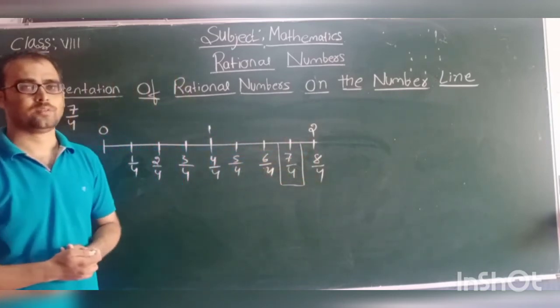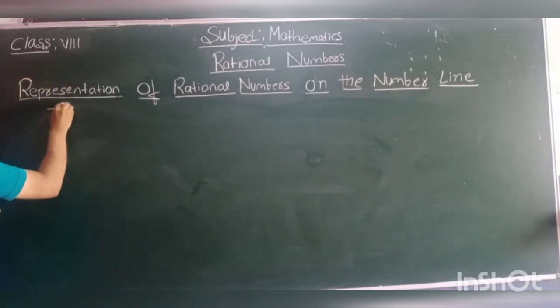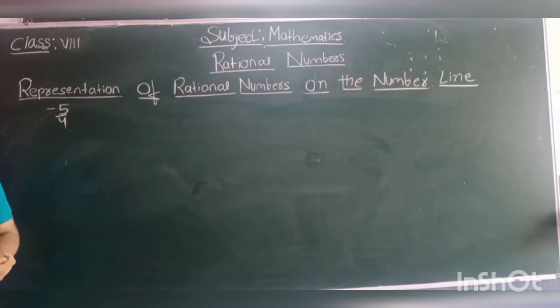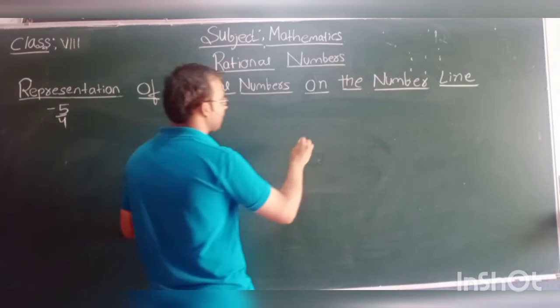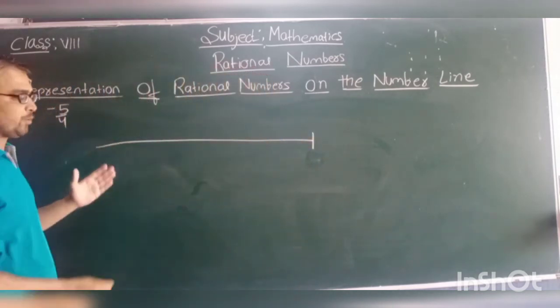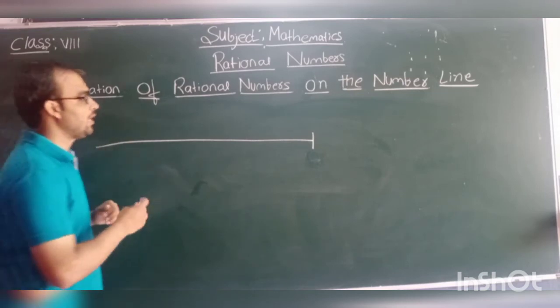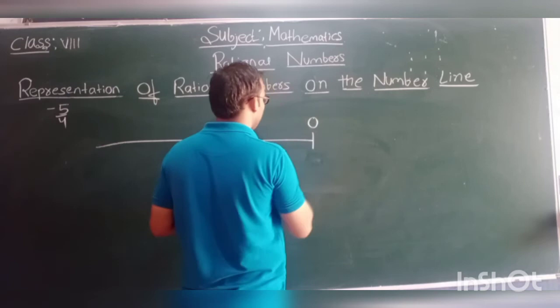Okay. If you want to represent minus 5 by 4 on number line, then how will you represent? This is negative, no? So here this is also the same. So extend the line towards the left side, as there will be negative numbers to the left of 0. So this is 0.